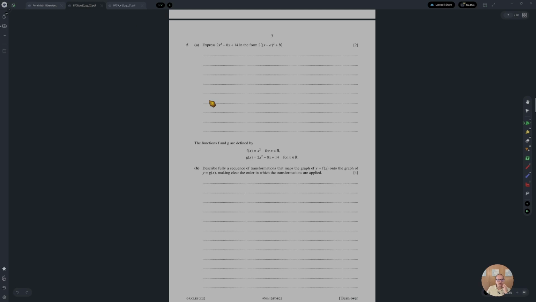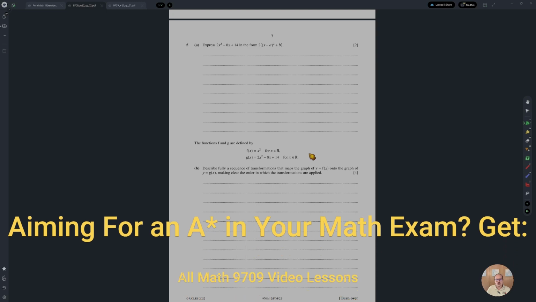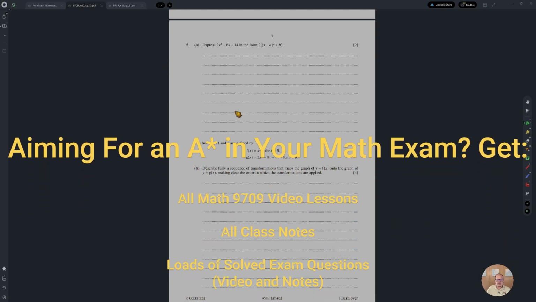Then the functions f and g are defined by f of x is x squared for all values of x, and g of x equals 2x squared minus 8x plus 14, also for all values of x. Describe fully a sequence of transformations that maps the graph of f of x onto the graph of g of x, making clear the order in which the transformations are applied.